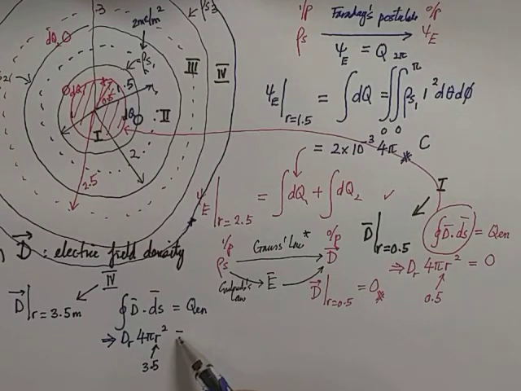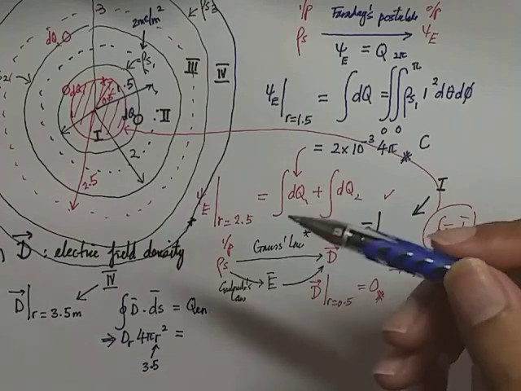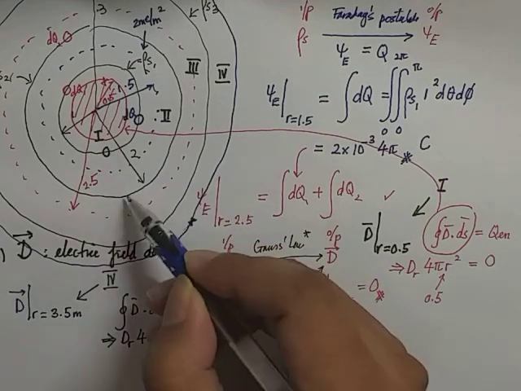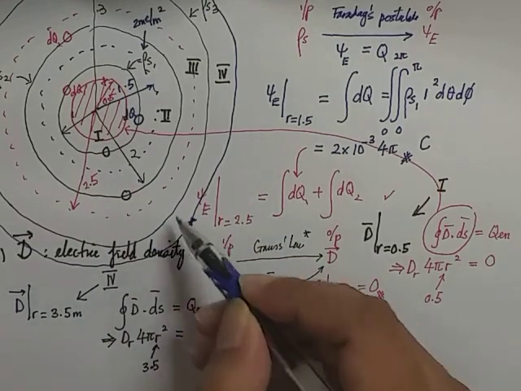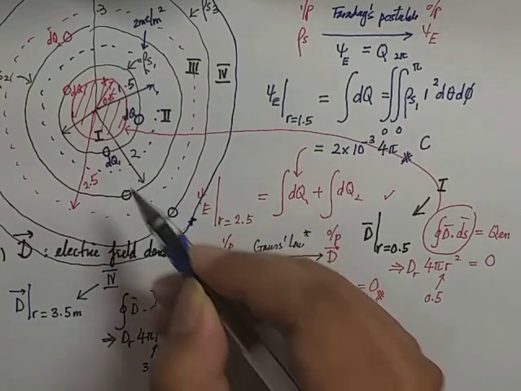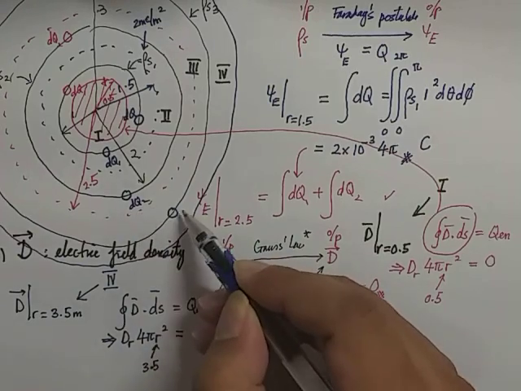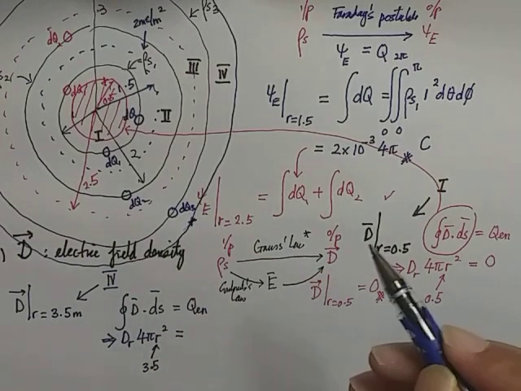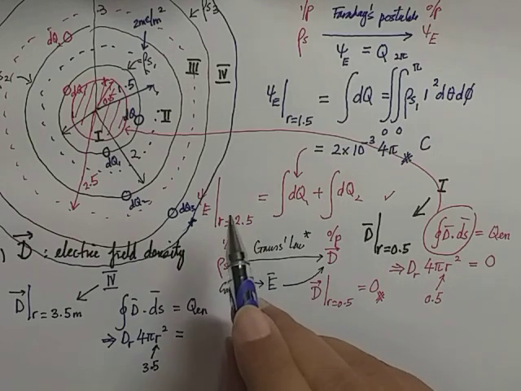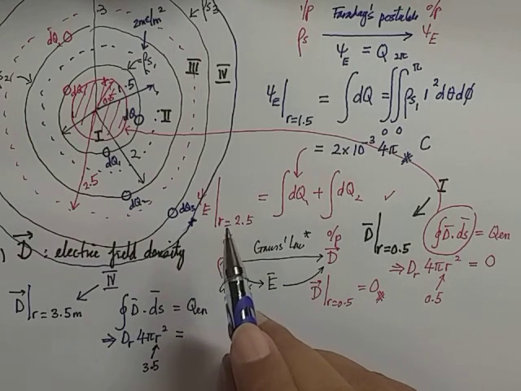So you can see it's a repetition now. What actually is the charge contained by that particular Gaussian profile? We can observe again there are three charges, one to be here, one to be at this location, and the last one to be here. So I'm going to use the previous labels, dq1, dq2, and dq3, because why? We can see from our observation all the three charges are actually confined by our Gaussian profile, which is located at r equal to 3.5.